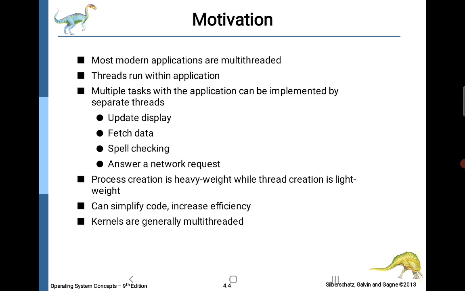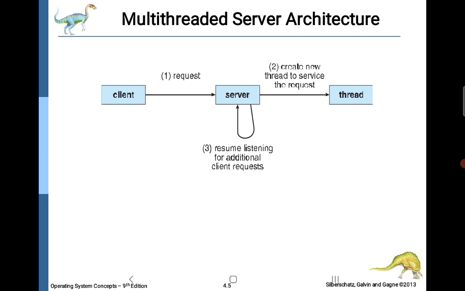In modern operating systems, kernels are usually multi-threaded. If you want an example, let us take a server. A server usually serves multiple clients, and there would be a process that listens to the port in which the client requests are delivered. If there is only one process that is listening, running one thread, that means this server can serve only one client at a time, and that would be completely inefficient.